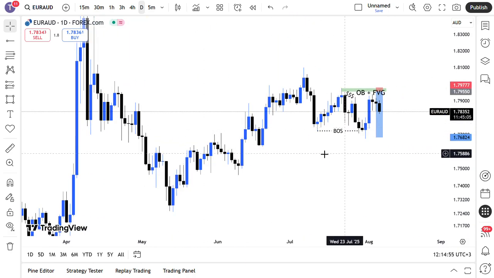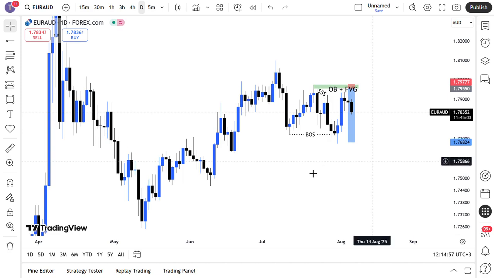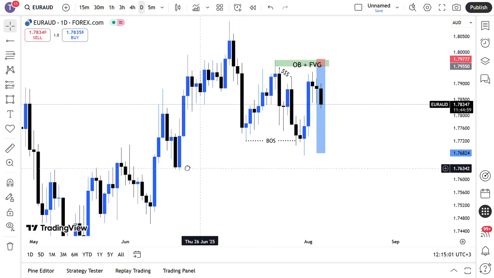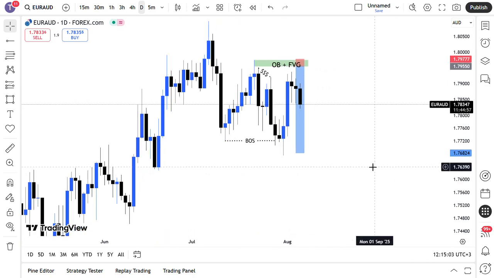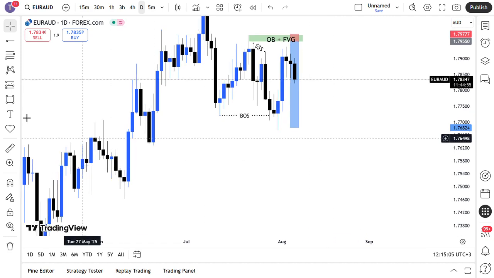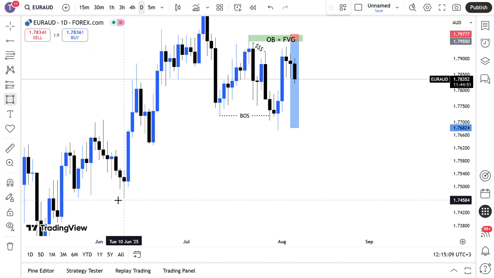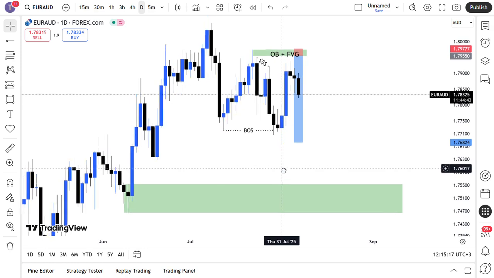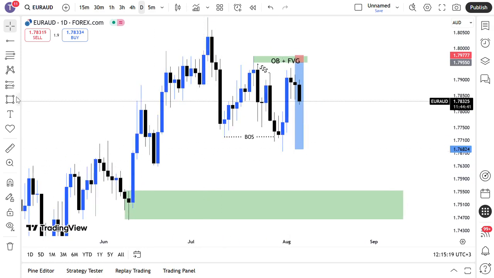And this setup is very good, but we need to be very keen with what the market will be doing. So on Euro AUD, there is an order block here, but currently I don't want to focus on this order block. The order block that I want to focus on is this one.